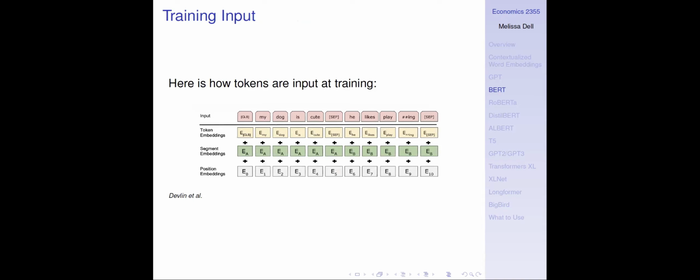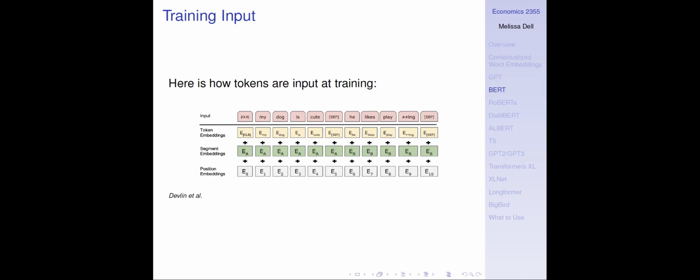So this is how tokens are input at training. You put in the class token and the separator token, and then you have 3 embeddings. You embed the tokens, looking those up in a word embedding table, whose entries are parameters of the model.